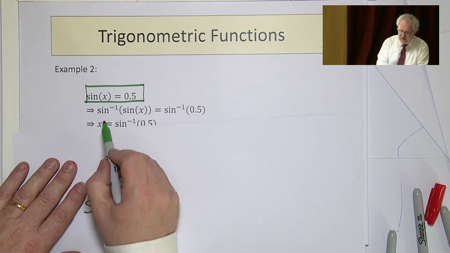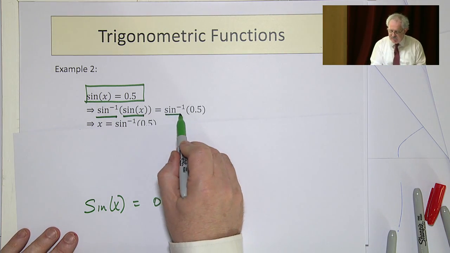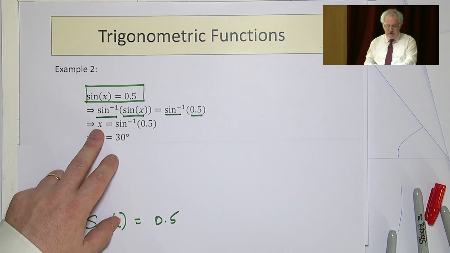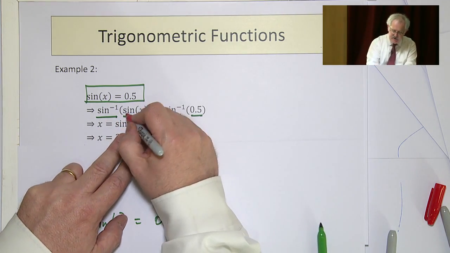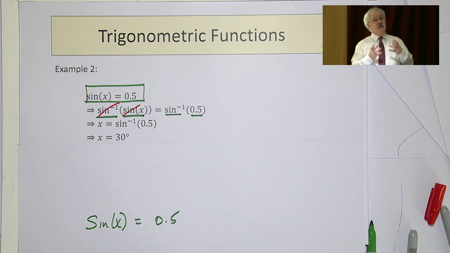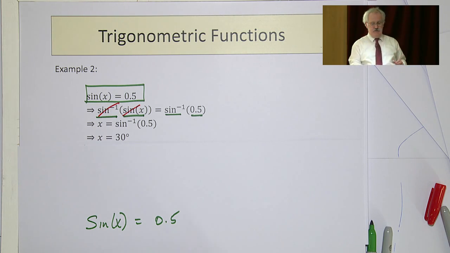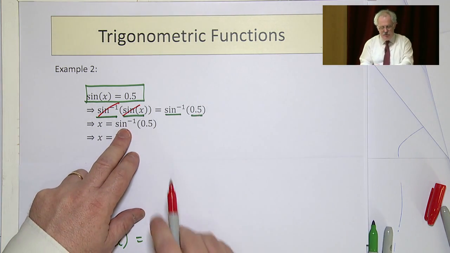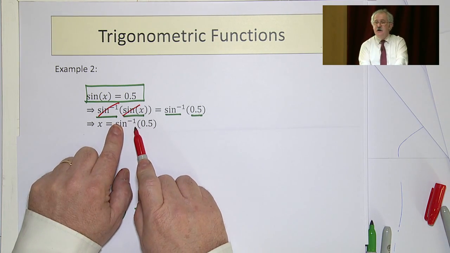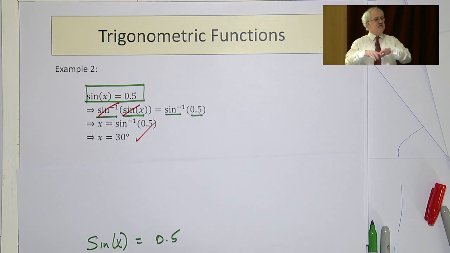So if I was to take the inverse sine of sine x, the left-hand side, it would be the same as the inverse sine of the right-hand side. Okay? The inverse sine of sine means that they cancel. Why did they cancel? I chose them deliberately so they'd cancel. x is now inverse sine 0.5. Is 0.5 in your calculator? Press inverse sine, fine. x is 30. Okay? And these things just disappear.